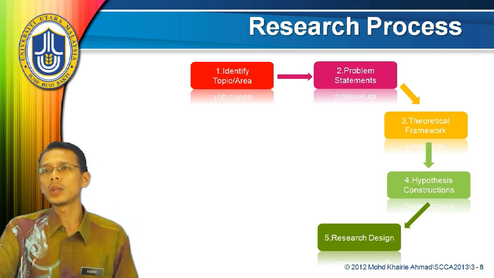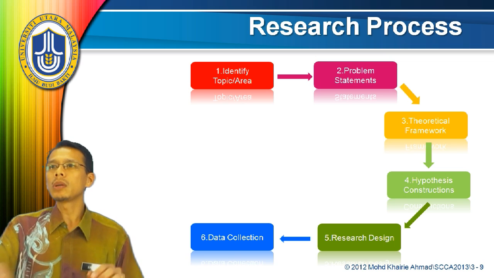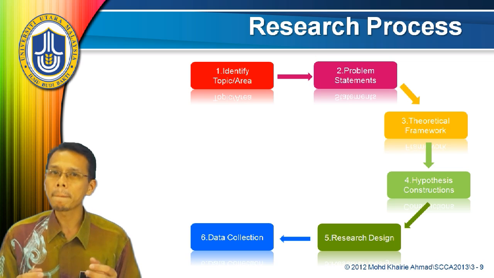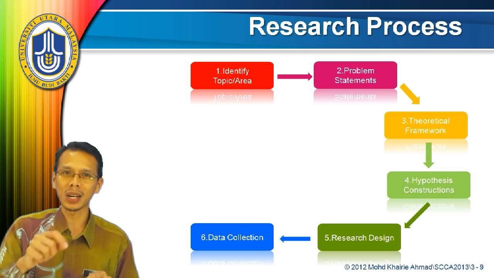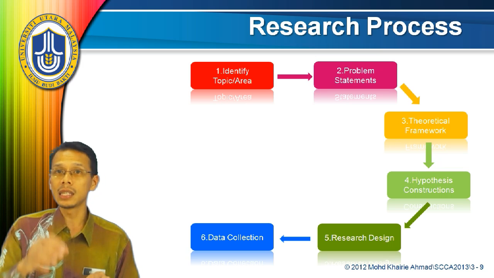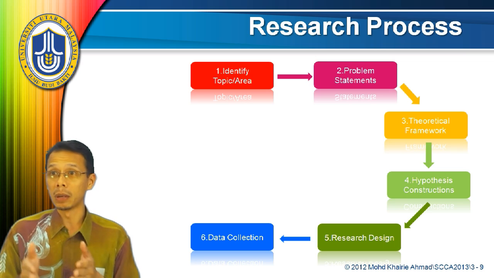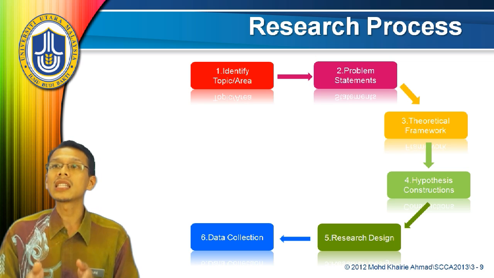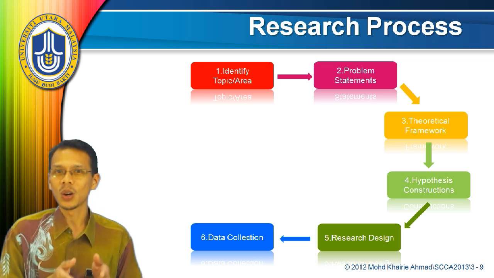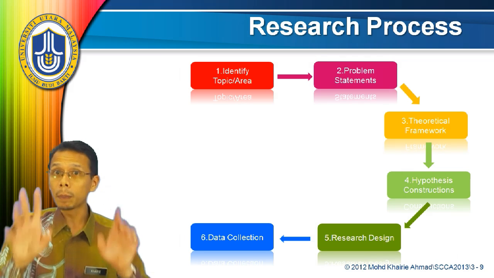So now let's move to step number 6. What is step number 6? Step number 6 is about how we are going to collect our data. This is an extension of the research design. Basically, data collection is about the practical side of our research. When we talk about research design, it is our planning.